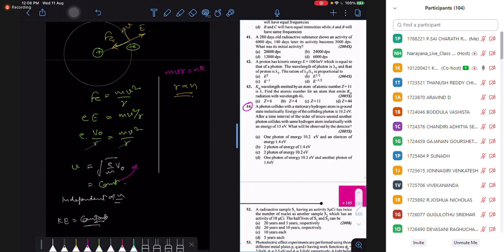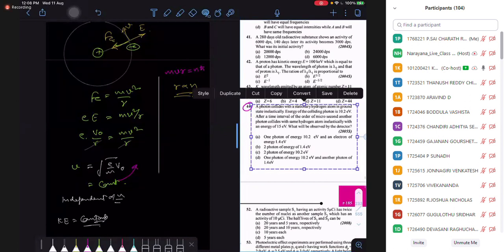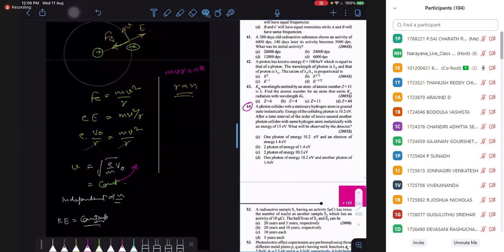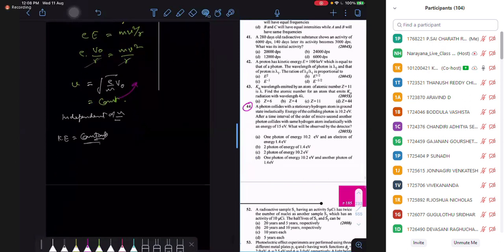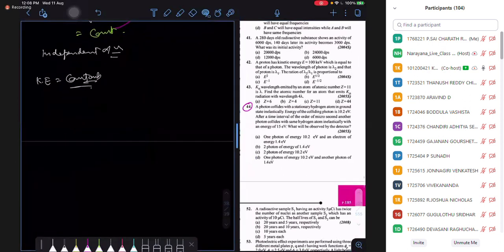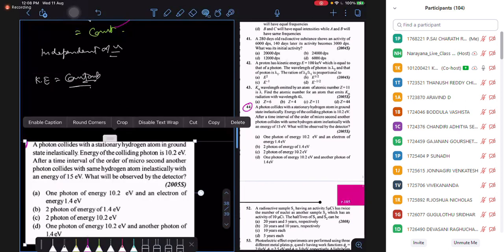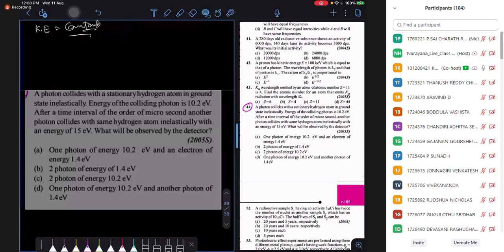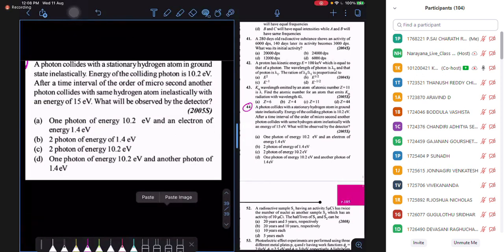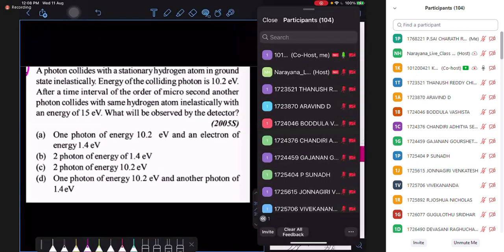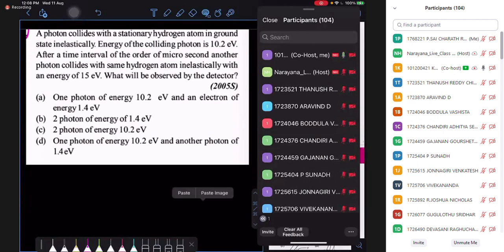This is also a very interesting question. This is a very nice question, and if you understand the quantum idea, you can give the answer for these questions. Otherwise, it is going to create a lot of confusion. And the confusion, I think, is created because of chemistry.